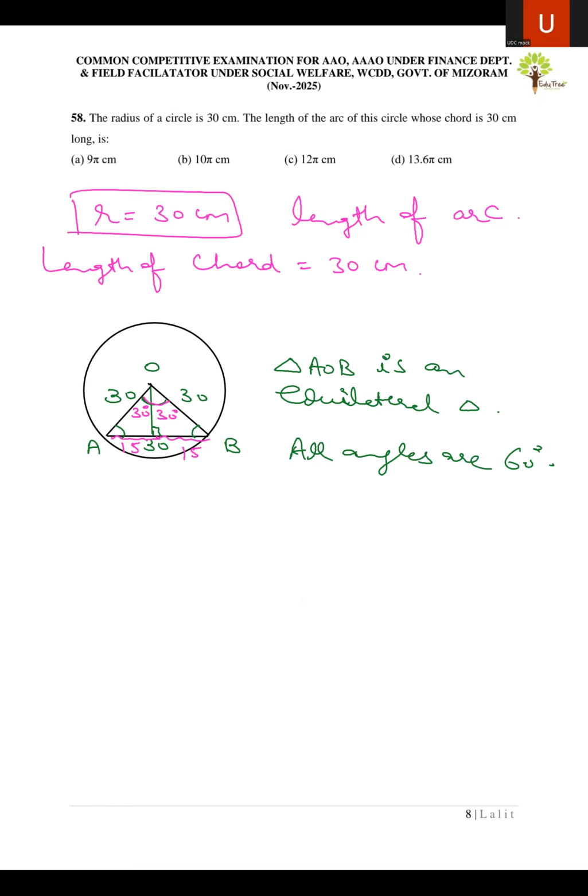Sine 30 degree is equal to perpendicular, that is 15, divided by hypotenuse, which is 30.